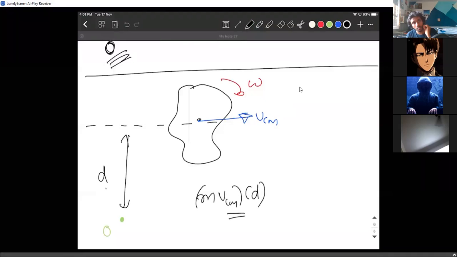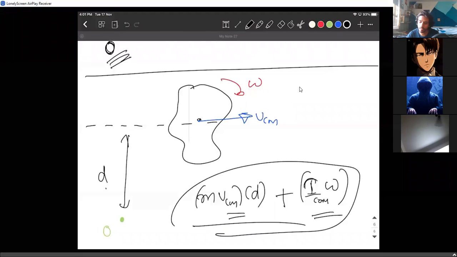That is the angular momentum of the center of mass, plus I omega, I about center of mass into omega. That is the angular momentum of this body about O. This is L about O. I hope you are clear about it.